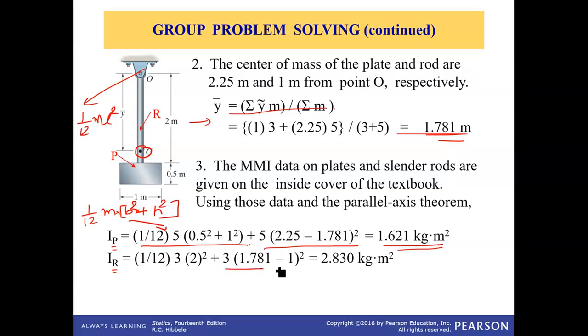Then this is the parallel axis theorem part. For the parallel axis theorem, I_O is equal to I_x plus, instead of A, now it's M d square. Remember in area moment of inertia, we had A d square, now we have M d square. So that formula is this formula here.